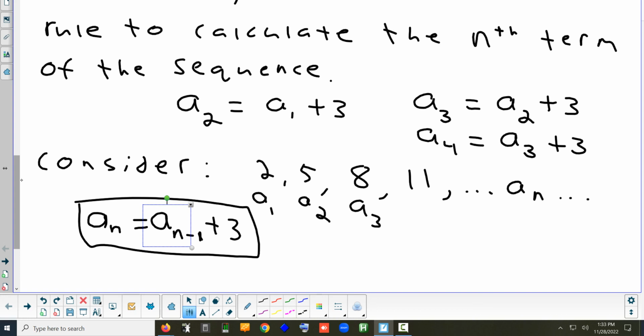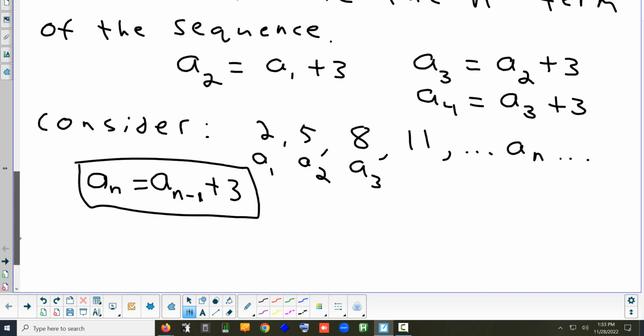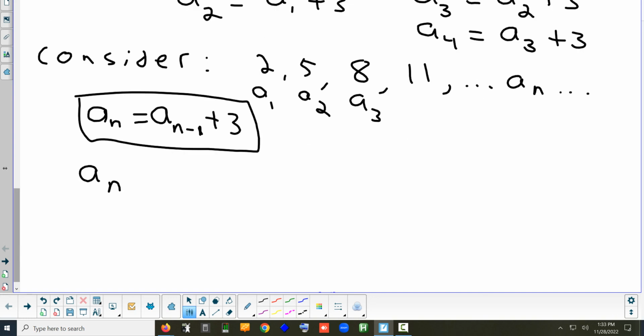Okay, we'll take the 896th one and then add 3. Well, what's the 896th one? Well, now you need the 895th one and then add 3. So this formula is okay, but the downside of it is you need to know the one before it to get the next term. So let's see if we can think of a different way.